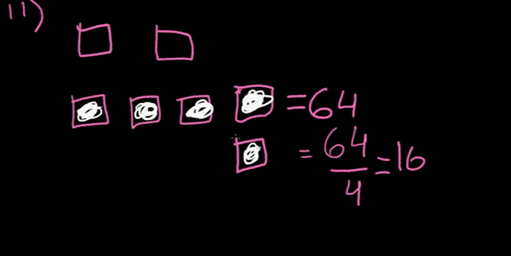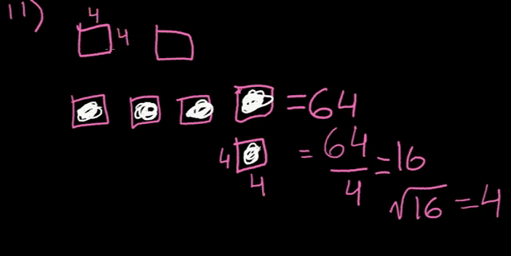And since these are squares, because it said it's a cube, the side is going to be the square root of 16, which is equal to 4. So each side, every single side in this entire cube, is going to be 4.